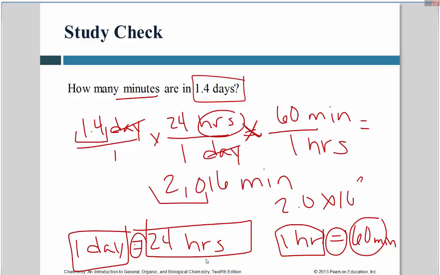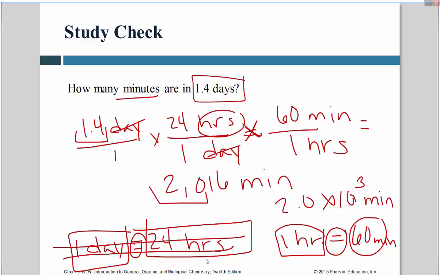Because if I just put 2,000, then those zeros don't count. One other thing I would suggest is that as you are using the conversion factors, cross them out so that way you don't get confused by them again.